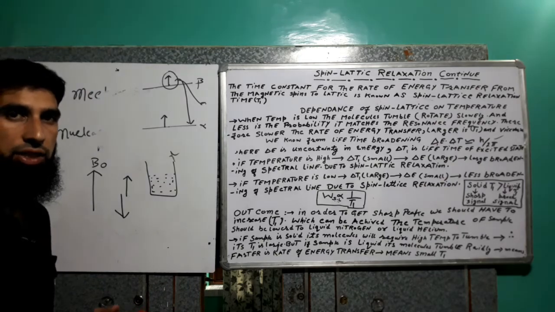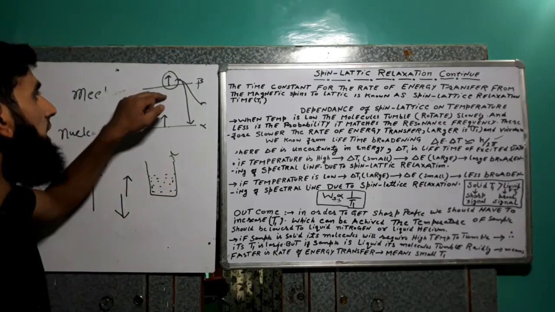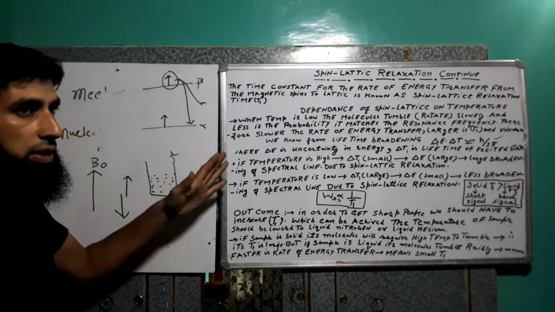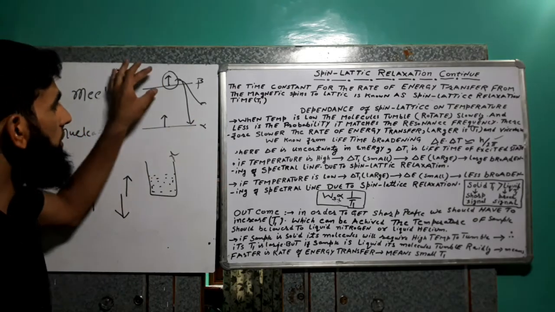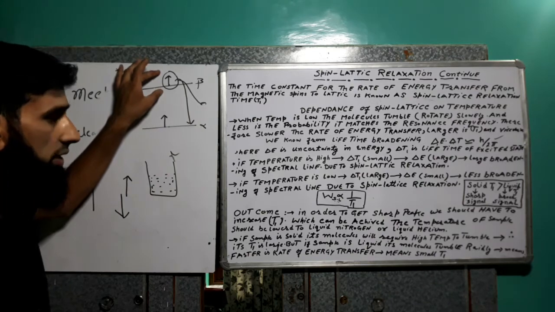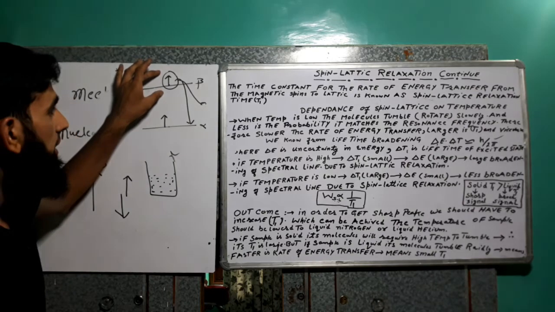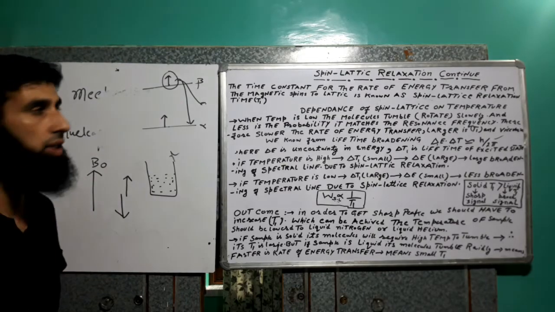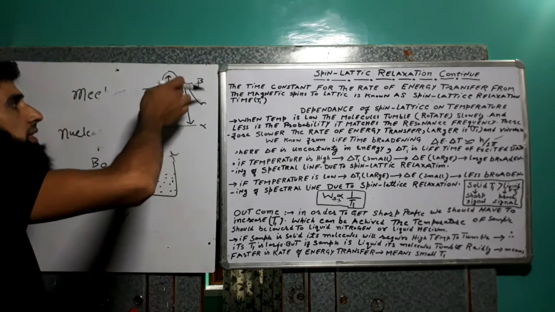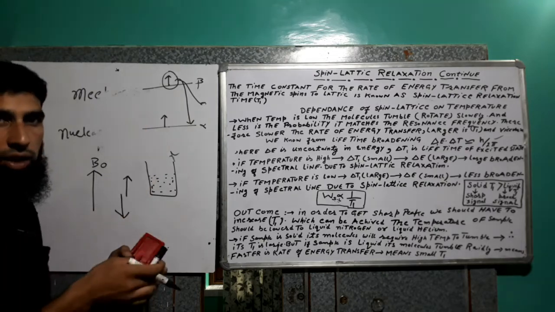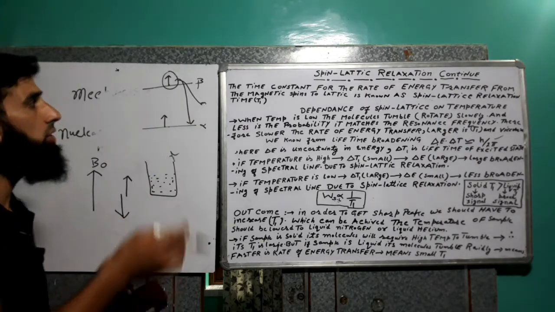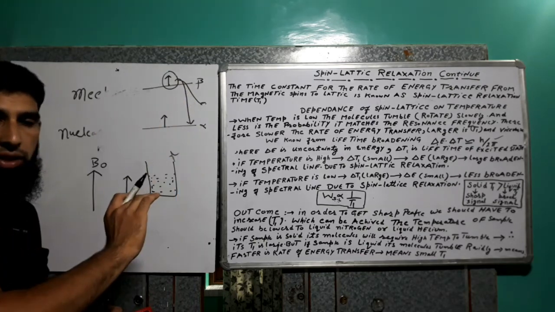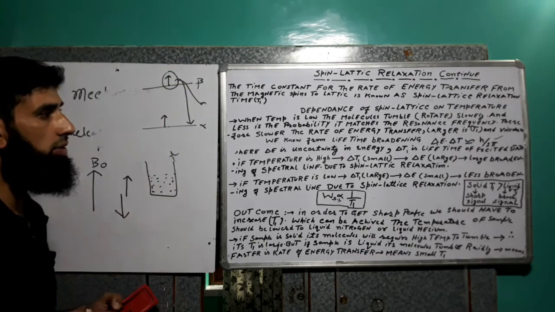So, in a nutshell, remember: if the spin state spends a large time in the excited state, it has a larger spin lattice relaxation time. If it spends less time in the excited state, then its spin lattice relaxation time is less. When it is less, it is self-understood that it will impart energy to the lattice faster.